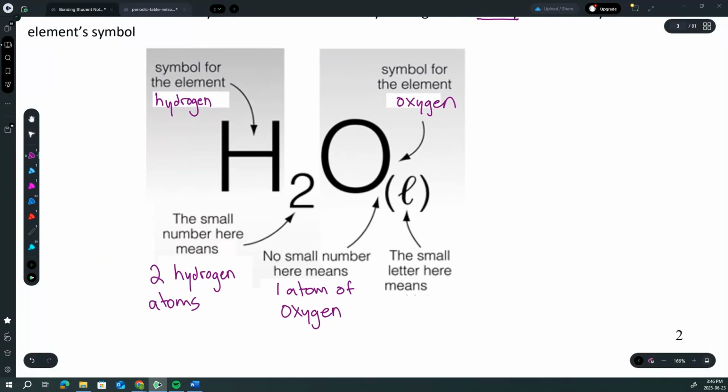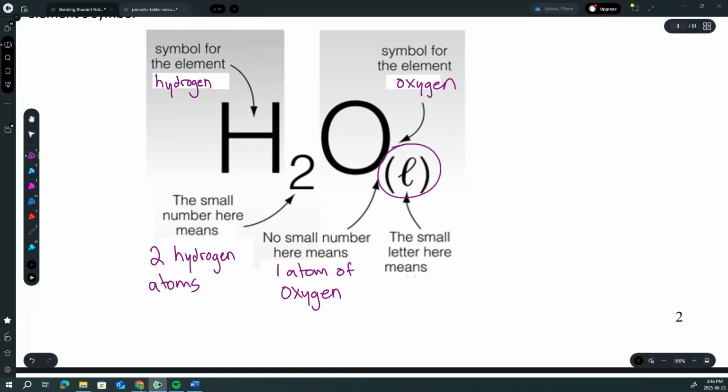And last but not least, when we're reading a chemical formula, we should be denoting the state, especially if we are writing a chemical formula for a chemical reaction. So this symbol right here, that's an L, which means that this is going to be in the liquid state.